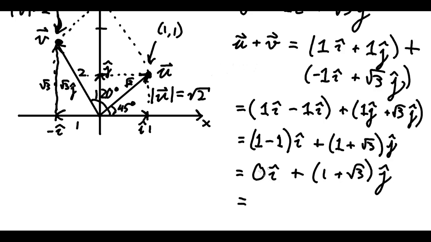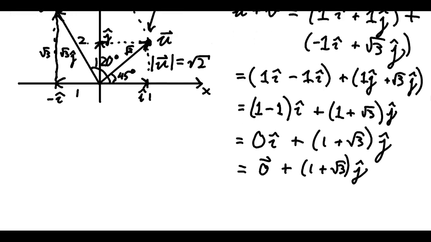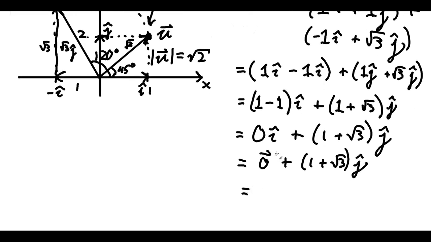And 0 has its algebraic property where the scalar 0 times a vector gives you the 0 vector. So this is the 0 vector plus 1 plus radical 3 times j. And again, the 0 vector is an additive identity, so 0 plus any vector is just that vector itself. And we are left with 1 plus radical 3 times j. So you note that this now is a vector that points in the direction of j and has a magnitude of 1 plus radical 3.